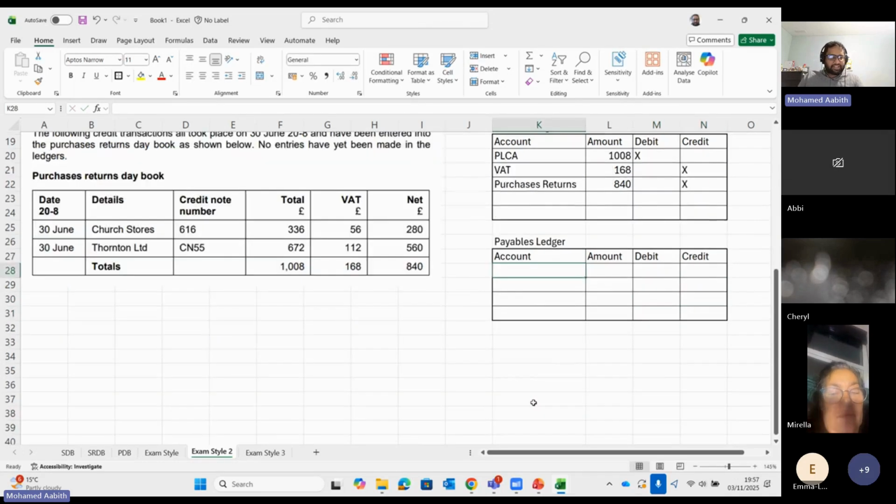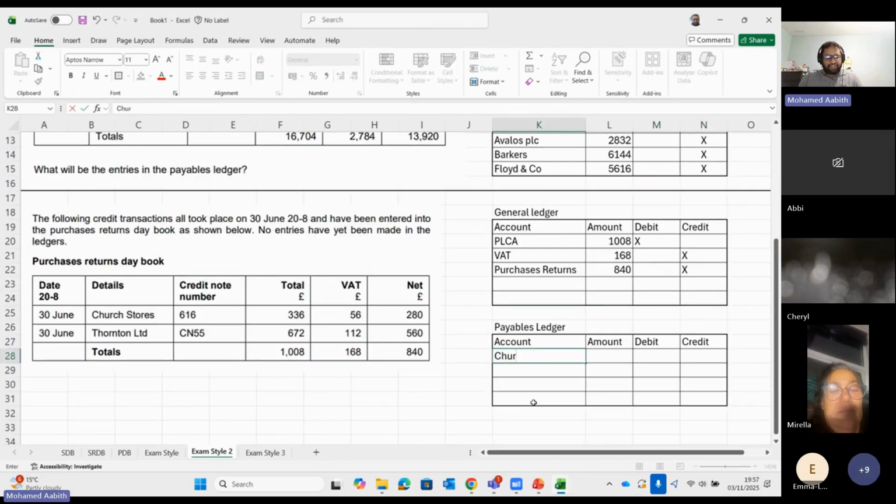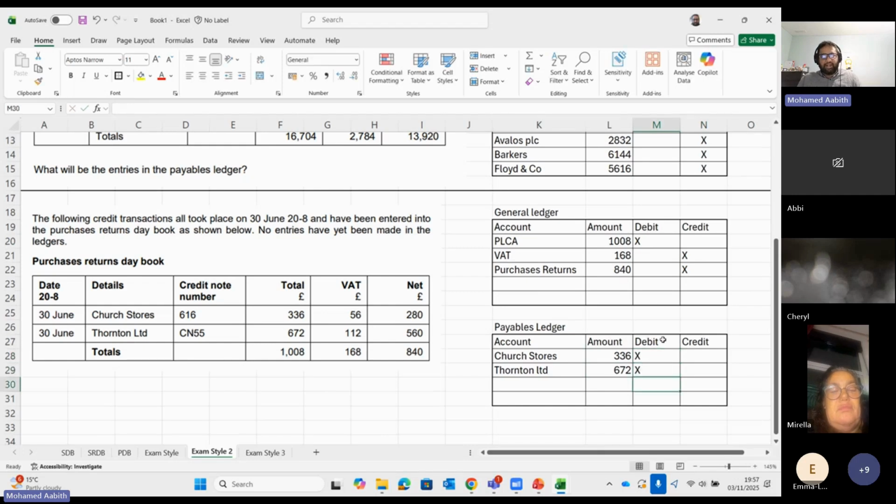So if I'm going to look at the subsidiary ledger, I have Church Stores, then we have Thornton Limited, and the amounts are going to be 336 and 672, and here this will be exactly the same as my PLCA debit entry there.